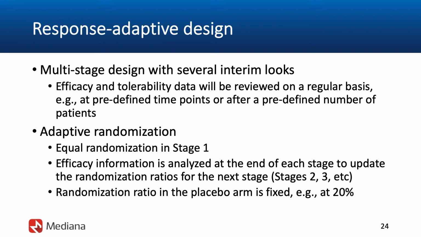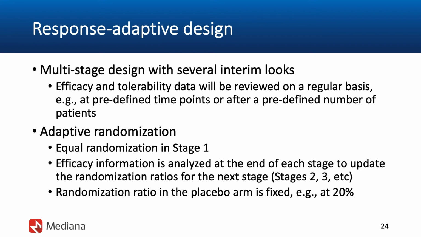And then at the end of each stage, including stage 1, the efficacy information based on the primary endpoint I defined in the previous slide would be analyzed, and that information would be used to update the randomization ratios for the next stage, which would be stages 2, 3, and so on.